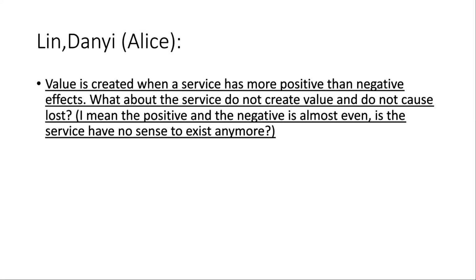So if it happens that through time the service does not create value anymore, give you an example, let's say Nokia phones. They didn't create value anymore to the consumers, and now it's negative, and now the service doesn't exist anymore.